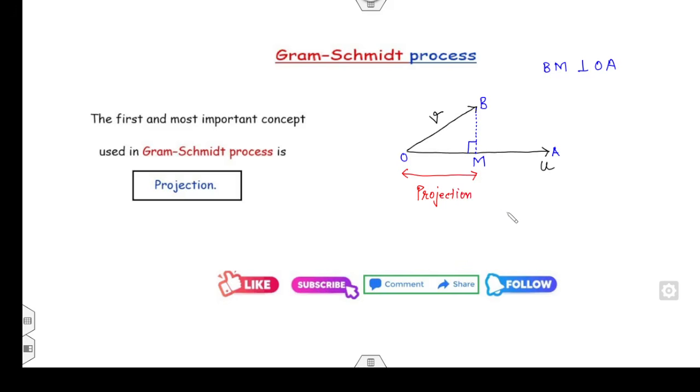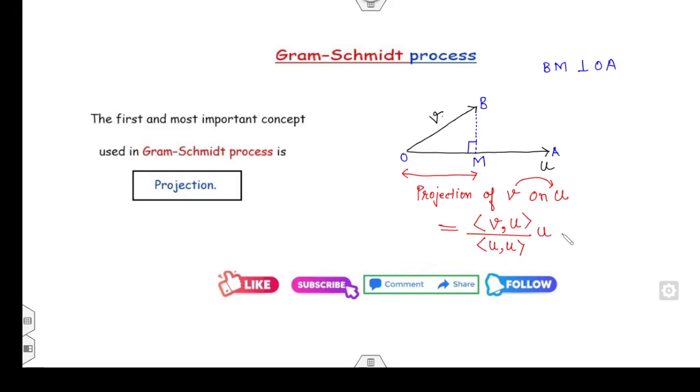So you can define the projection of the vector v on u as the inner product of v and u divided by the inner product of u with itself.